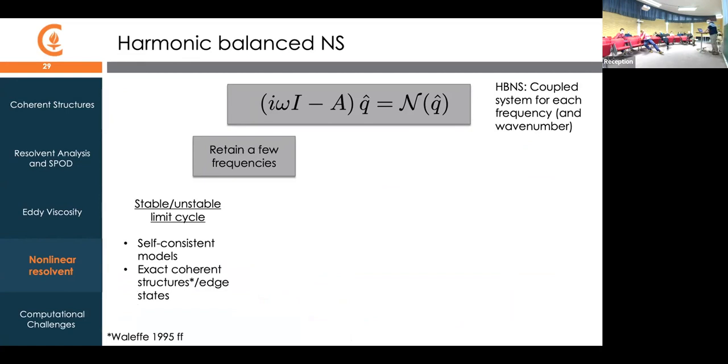And we can do these harmonic balance calculations, like I just showed you, with a few frequencies. Those are useful calculations. They give us frequency space equivalents of both self-consistent models, as well as structures and solutions that are really the same as the exact coherent structures or edge states, right? We're just finding them in the frequency domain rather than the time domain.